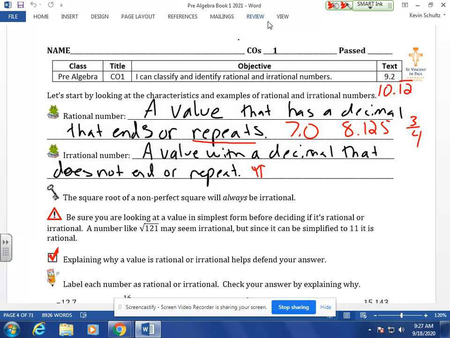What's the math symbol for it not repeating? Anybody know? A decimal like 4.3265, and just continues on and on and on. We use the dot, dot, dot.